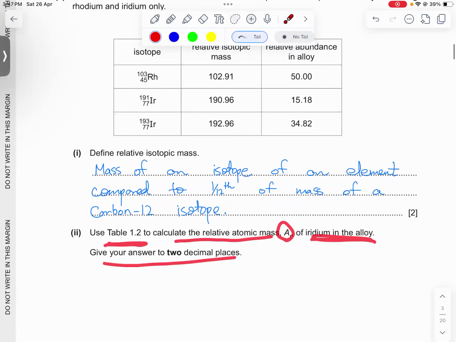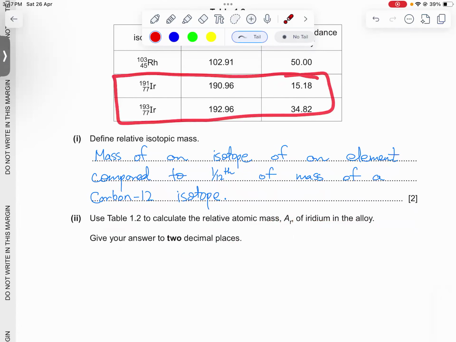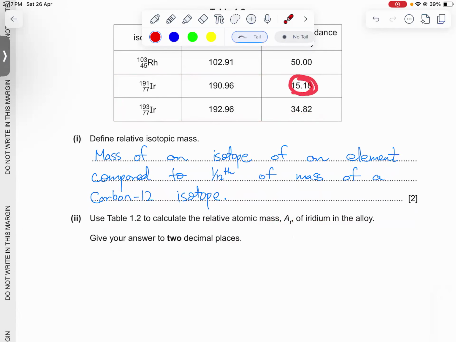So in the alloy, only 50% of the alloy is iridium, as you can see, right? Only 50% of the alloy is iridium. And now out of the 50%, 15.18 is 191 iridium and 34.82 is 193 iridium. If you total these two, it should give you 50. That is what I believe.